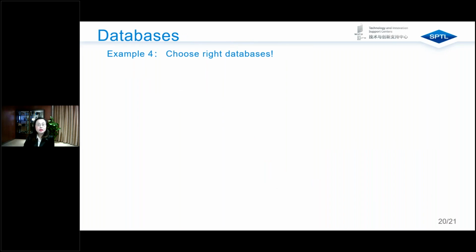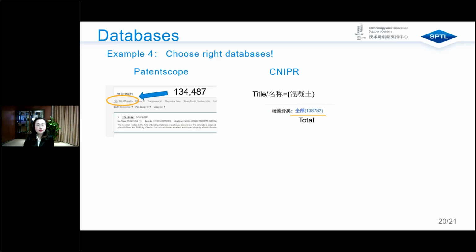Then it's the last example: choose the right database. Let us compare the difference of the hit numbers between PatentScope and Zen IPR. In both databases, the Chinese word for concrete, those 3 Chinese characters, is used as the search term.